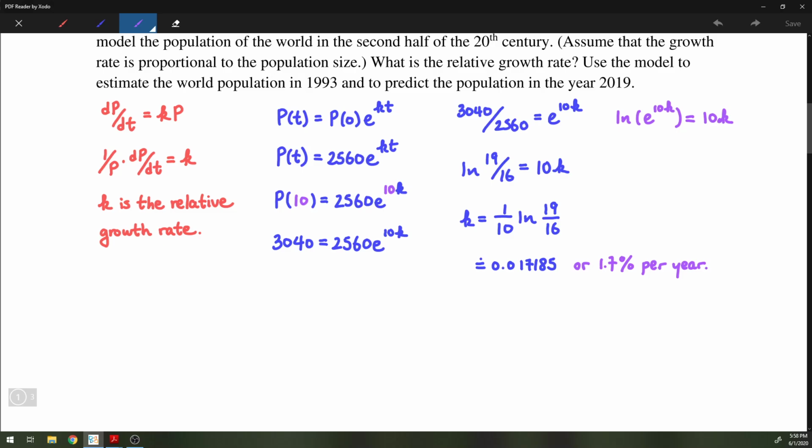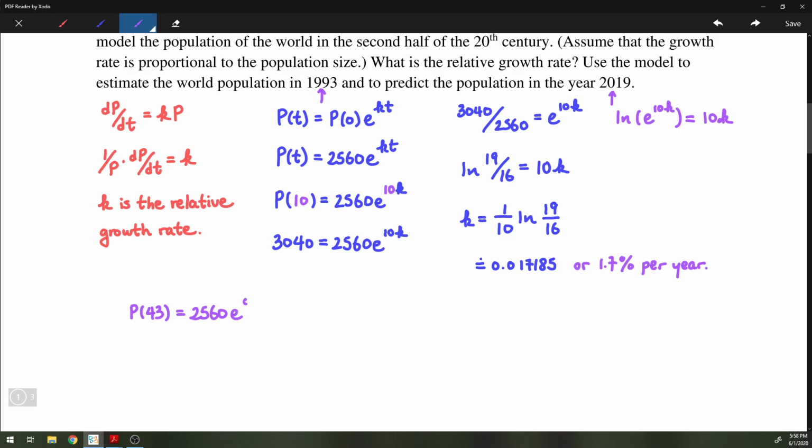It says, estimate the world population in 1993 and in 2019. So 1993 is 43 years after 1950. Okay, so we're going to use P43, and then we're going to use the k value that we just found along with the expression that we had from before. So this will be P43 is equal to 2560 e, actually let's write it out the other way.